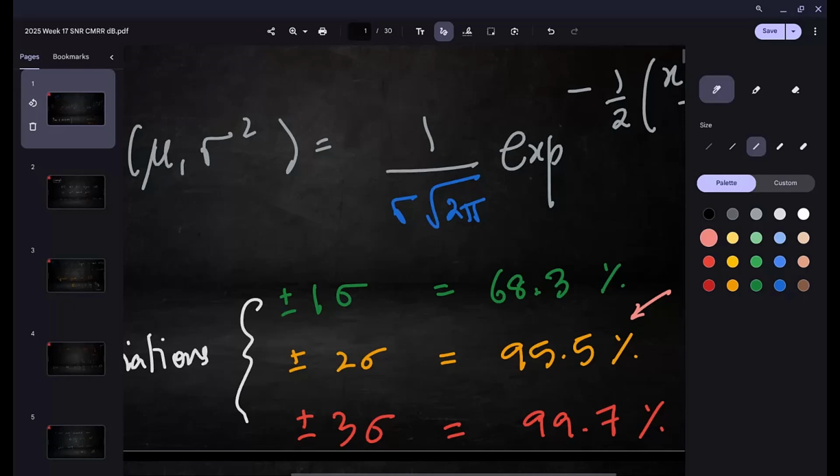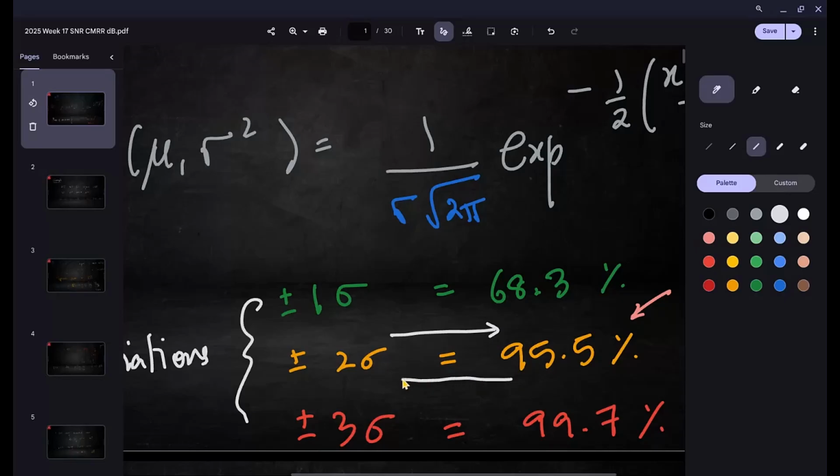The same question I asked the other way around. 95% of the times noise will be within what bound? Give me a bound. Technically you should be able to go from this side to this side. Given the bound, you should be able to calculate the probability.